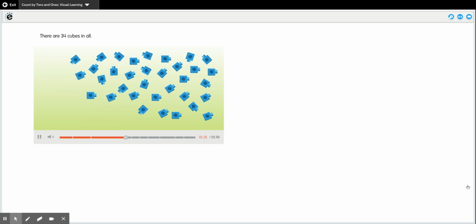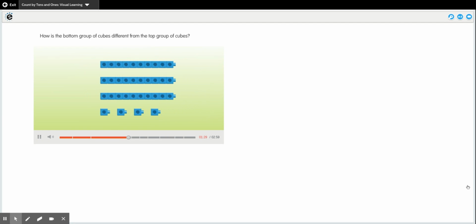There are 34 cubes in all. How is the bottom group of cubes different from the top group of cubes?